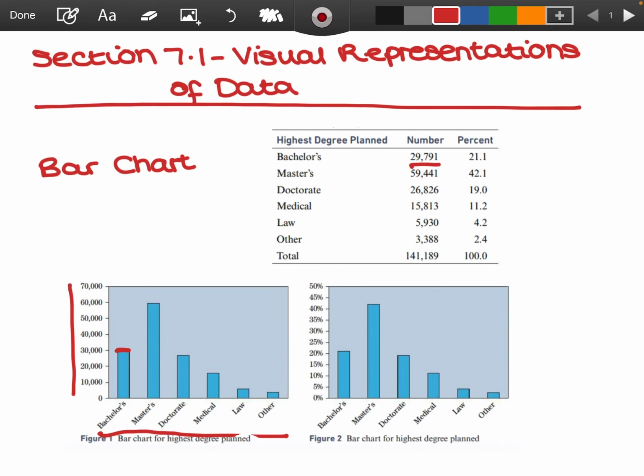We've only gone up to 50% on our scale, and it's a lot easier to read off some of those marks, or at least get a rough idea of what the percentage of each one is. So we said that 21.1% of people plan on taking a bachelor's, which is just above that 20% notch on the y-axis. Okay. So there are different ways that we can represent this data set using a bar chart. And again, how you do this depends on the problem.